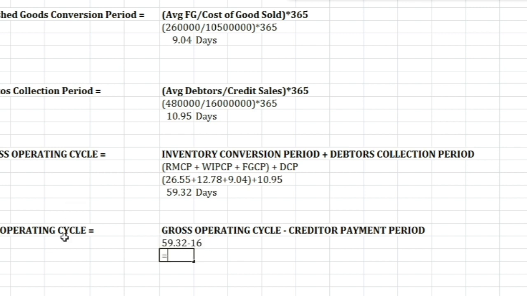So the final answer for the net operating cycle is 43.32 days. These are the answers for the question.